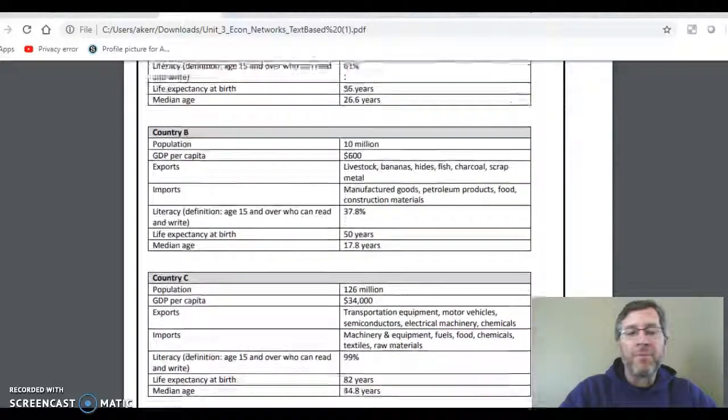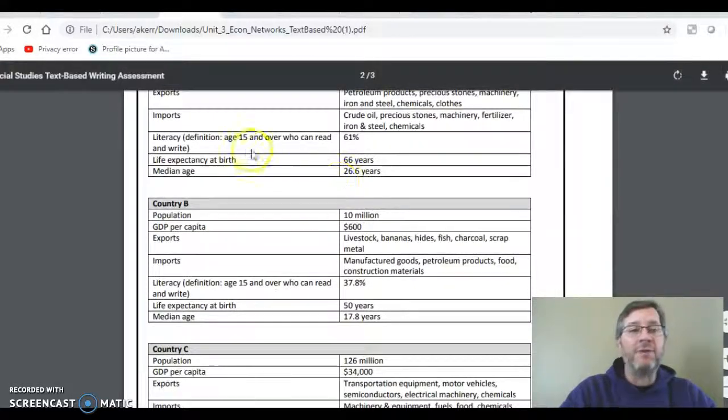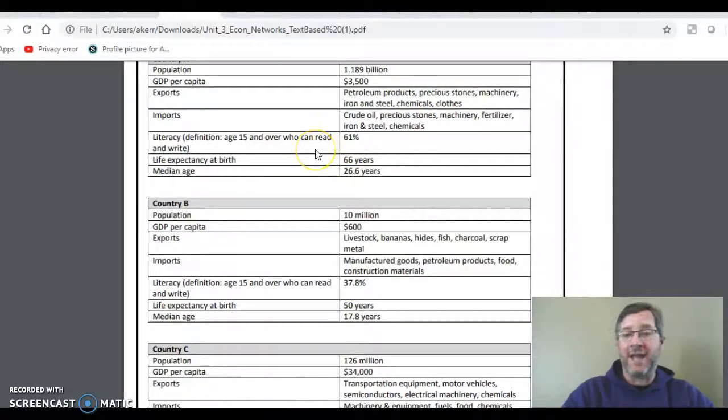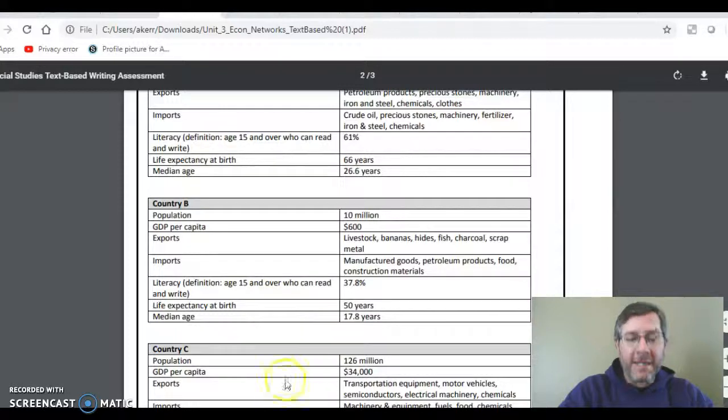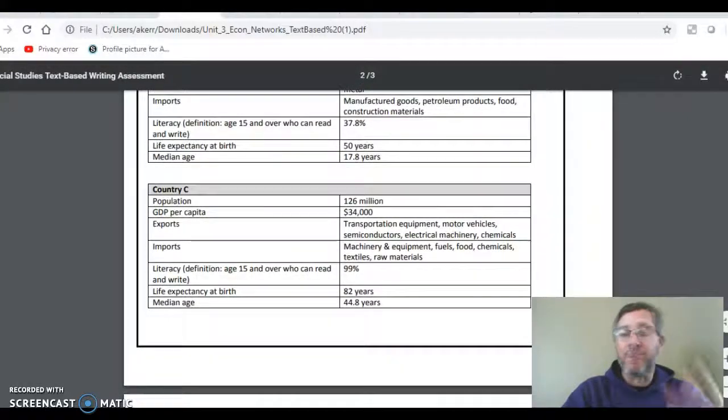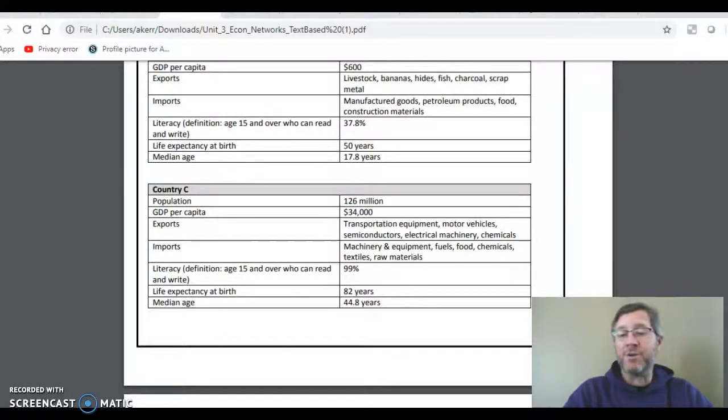It can be a triangle trade, where country A trades to country B, country B trades to country C, and country C trades back to country A. Or it can be A and B, B and C, and C and A, 3 countries trading with each other. But you have 3 paragraphs plus your intro and conclusion.